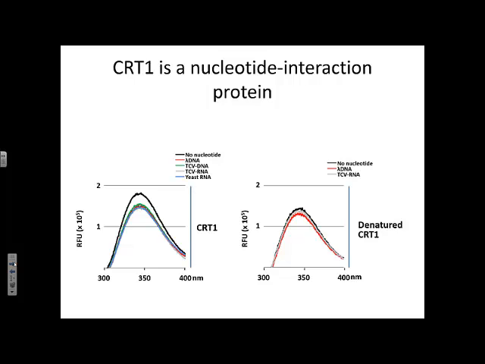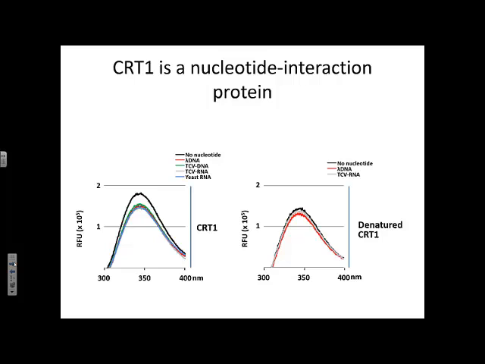So here's the tryptophan fluorescence analysis. The point that we're trying to make here is this tryptophan fluorescence unit can change if the protein changes its conformation. Here we added DNA and RNA. Essentially, we're trying to ask whether CRT1 is a DNA interacting protein or nucleotide interacting protein, hoping that perhaps the TCV has a higher affinity as compared to other DNA.